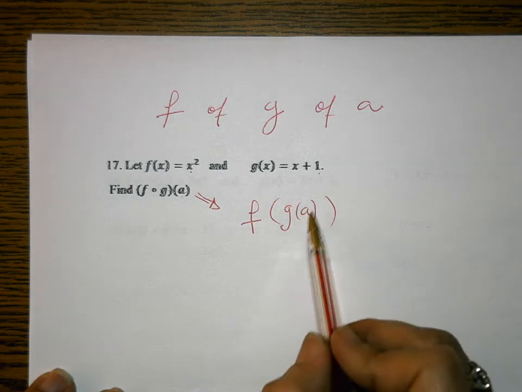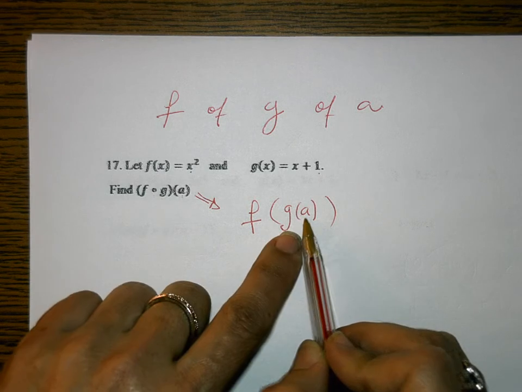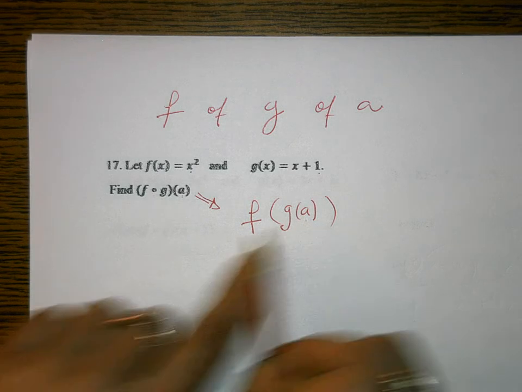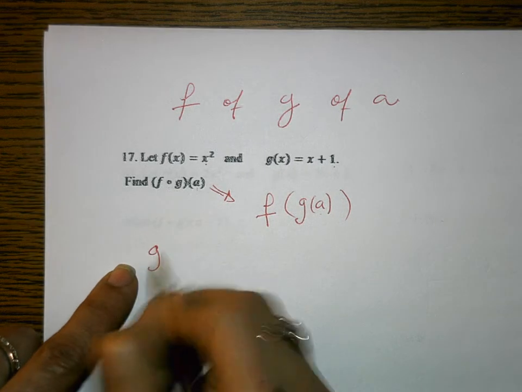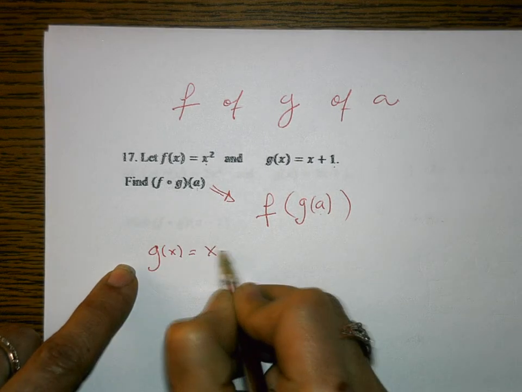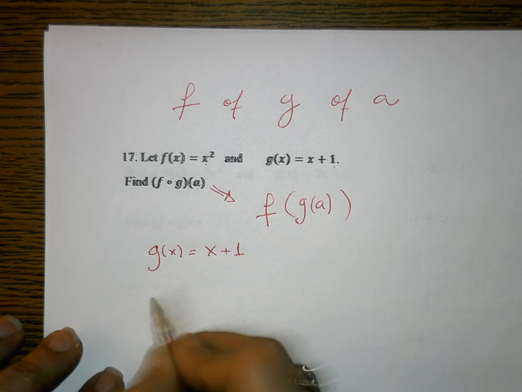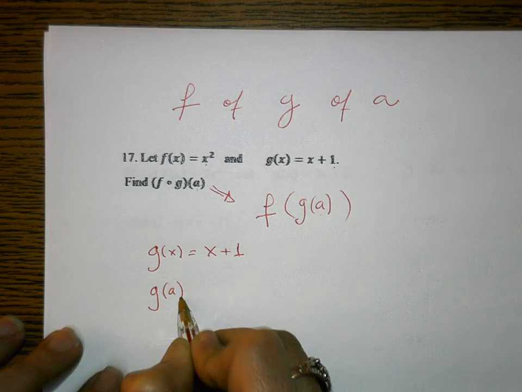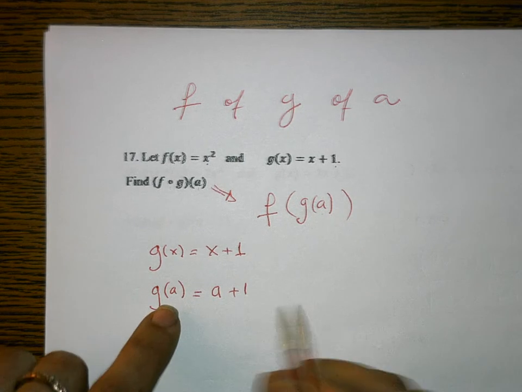Now that I know that what I want to do is inside first, I'm going to take care of g of a maybe separately here on the side so I don't get confused, okay? I know that g of x is x plus 1, but I need to find out g of a. So g of a, instead of an x, I'm writing an a plus 1. That's what g of a is.